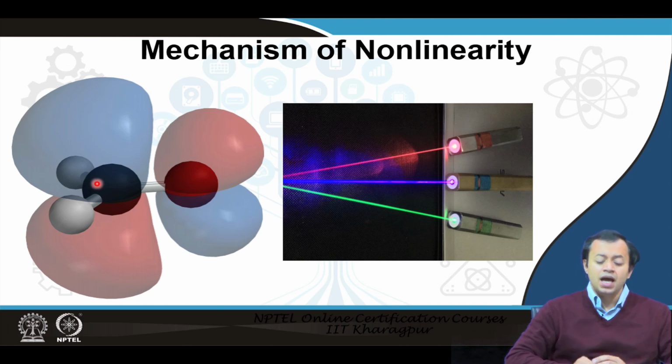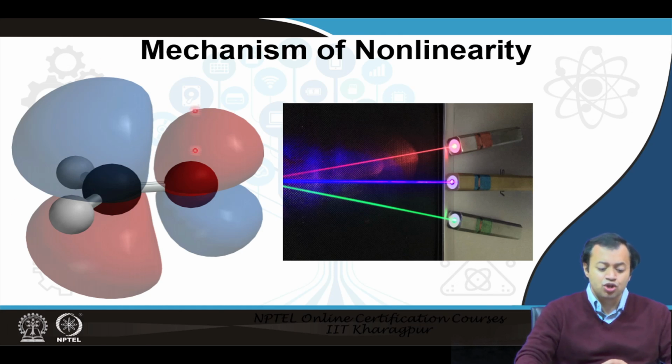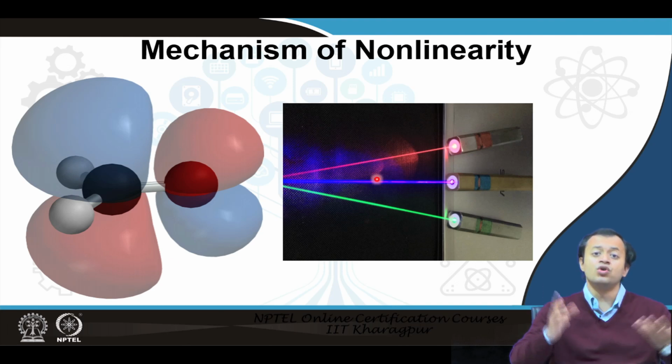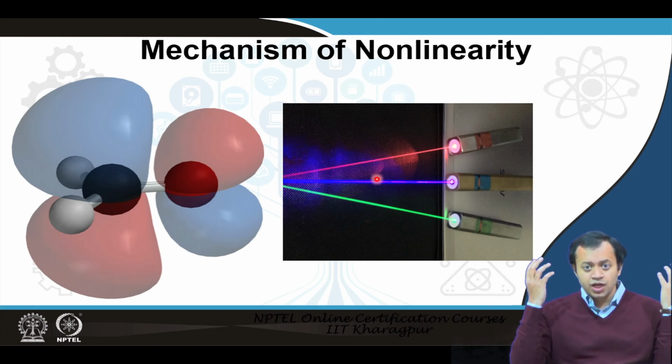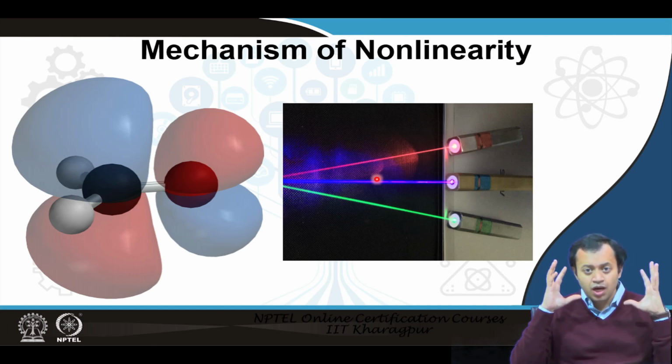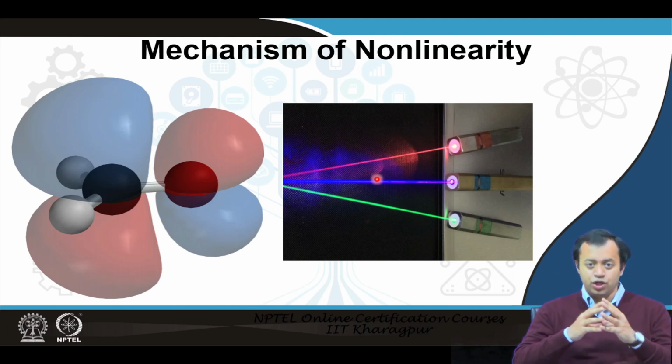Meaning, we cannot use the original formula P is equal to chi E, stating that the distribution of the electron cloud upon application of an electric field is going to be uniform, right. The electron cloud around the system is itself at the beginning non-uniform.